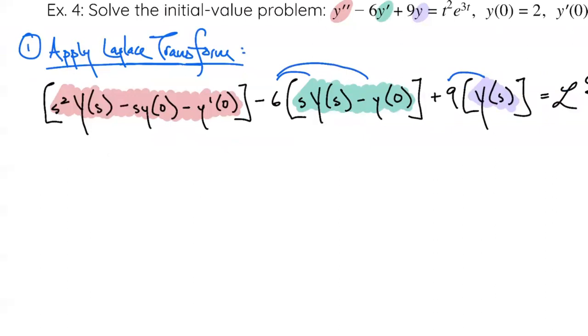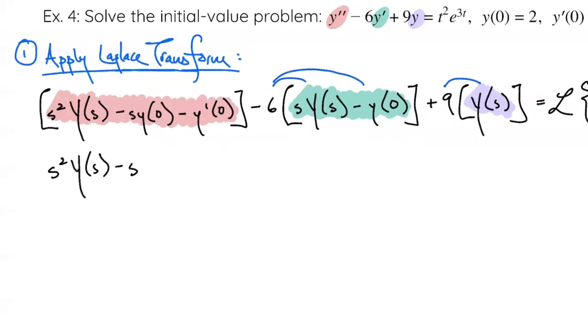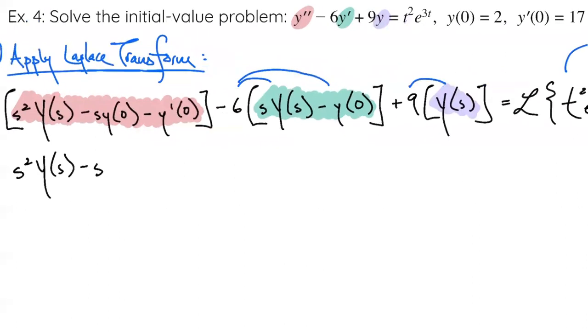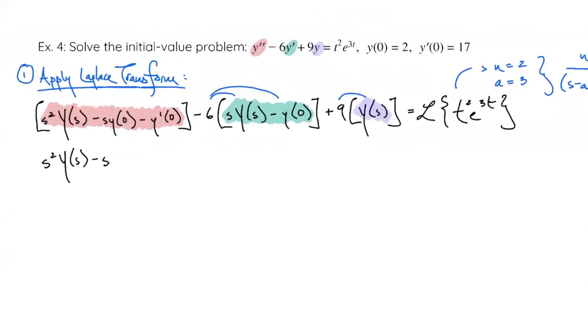And so if we did that, we would end up with s squared Y of s minus 2s. And now we can sort of start to put in those initial conditions, right? Instead of y of 0, I'm going to go ahead and put a 2 there. And then instead of y prime of 0, I'm going to put a 17.